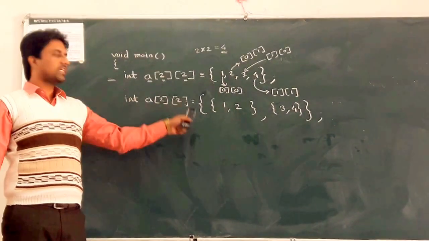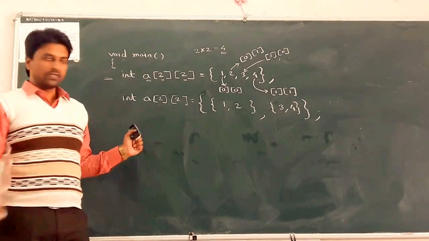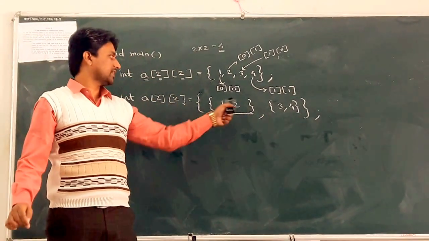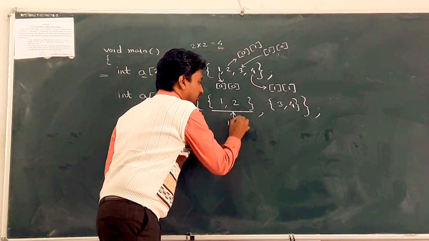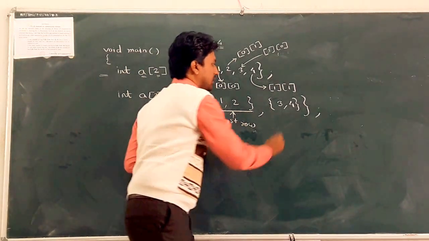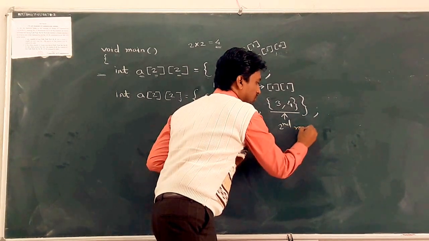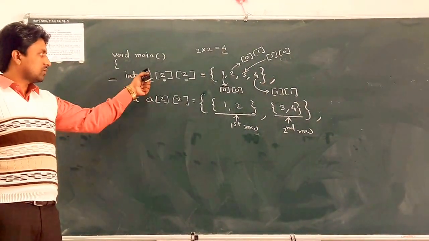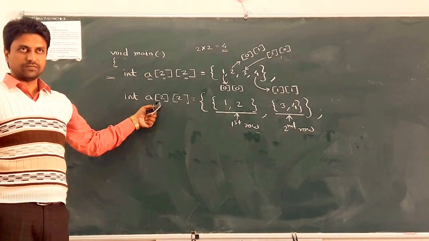So this is the second notation to initialize the two-dimensional array. This first curly bracket gives you the first row, these are the elements of the first row, and these two are the elements of the second row. Clear? This is also a valid notation in C.